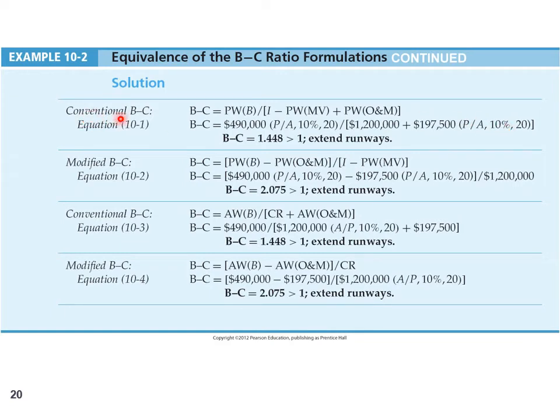Okay, so this is the conventional BC using the present worth. And when you do this, you see the ratio is this much. So if you use conventional BC with annual worth, okay, so what we do, we find the annual worth of the benefits, which is this much already.